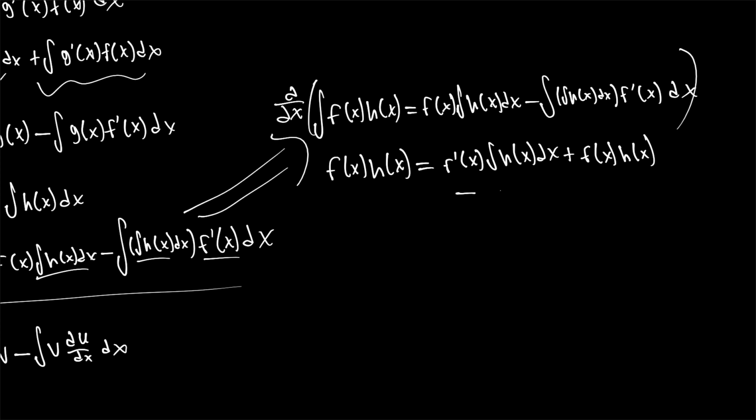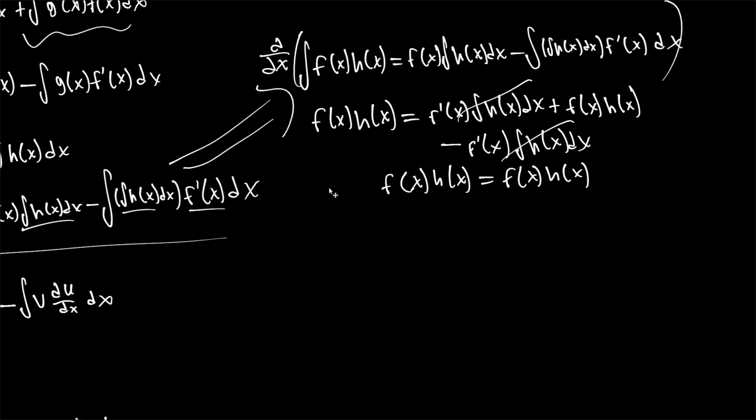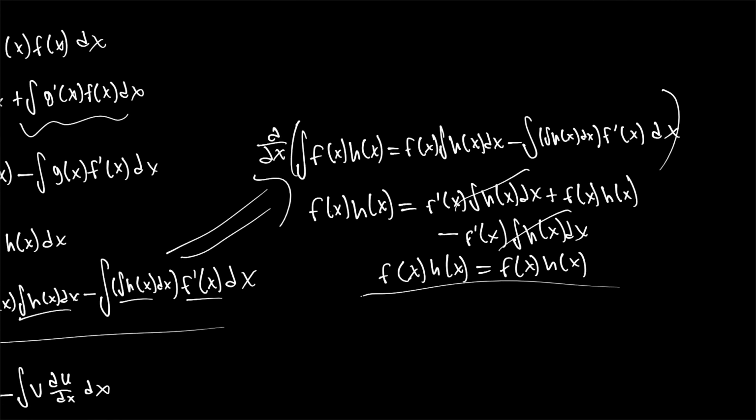Basically, we're taking the derivative, so therefore it's just going to be f prime of x, integral of h of x dx. These two are obviously the same, so then f of x, h of x equals f of x, h of x, which basically shows that the left and right hand side of the equation are in fact exactly the same. So this equality should hold.